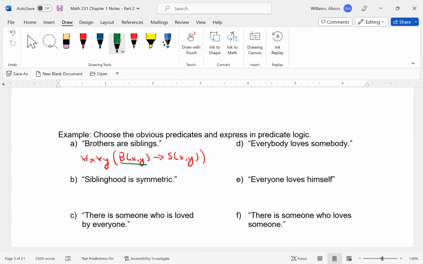Siblinghood is symmetric. What that means, that's such a weird thing to say, sorry. What that means is that I have a sibling, her name is Angela, and she's my sibling, but she could also say I'm her sibling. So it's symmetrical. We are each other's sibling.